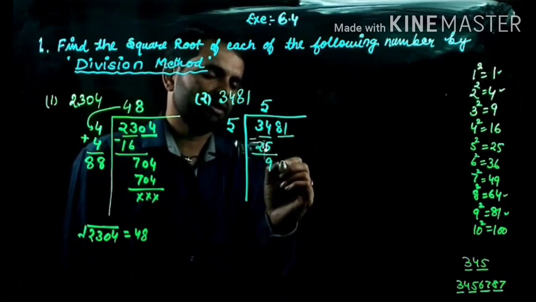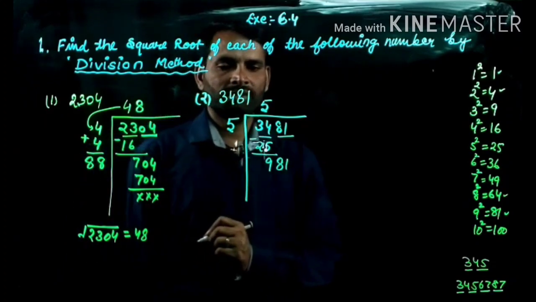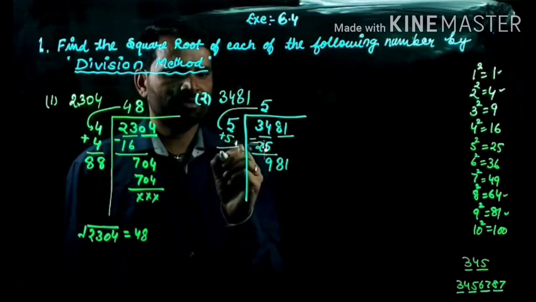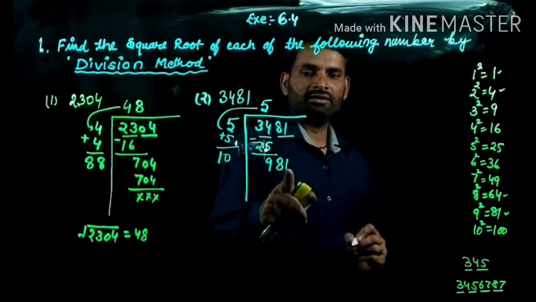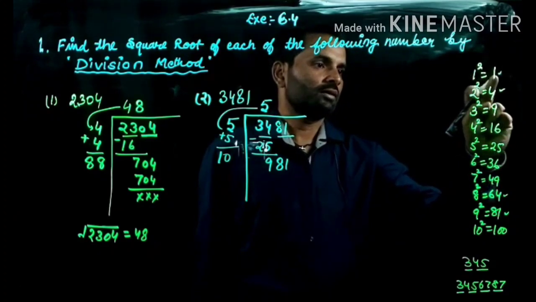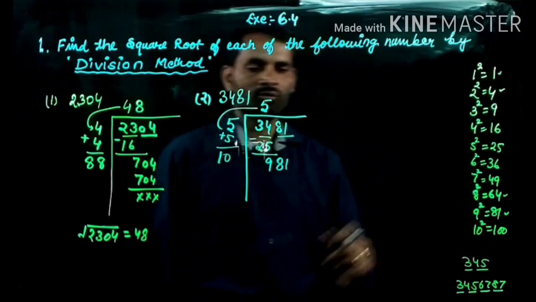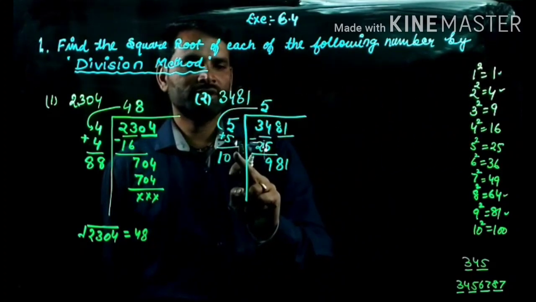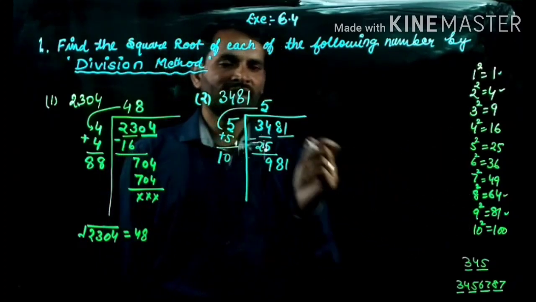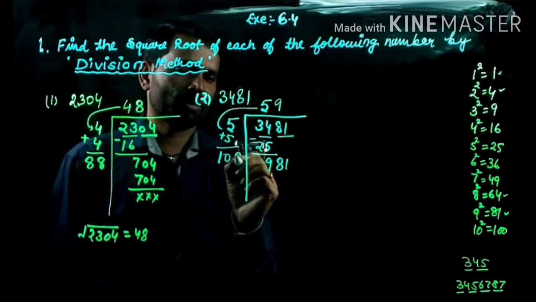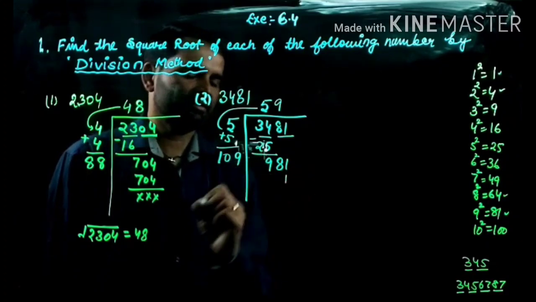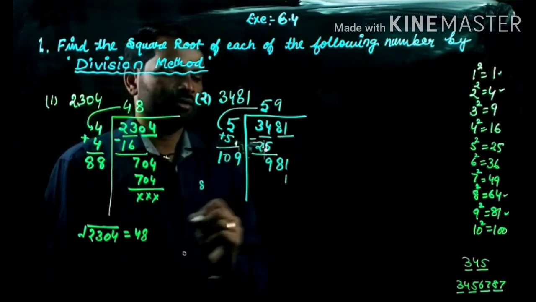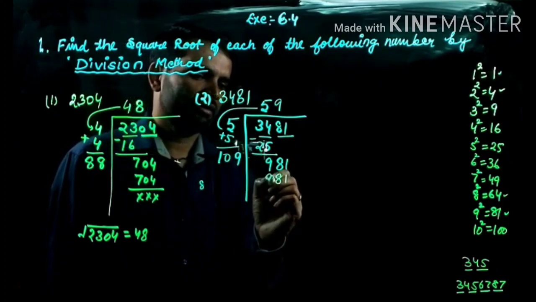Now write the next pair, 81. This number 5 is added to 5, making 10. Now next, the unit digit of the square should be 1. Suppose you write 1 here and 1 here, 1 is a very small number, so write 9. Then 9 nines are 81, 1 and 8 carry, 9 times 0 is 0, so you write the 8, and 9 ones are 9.